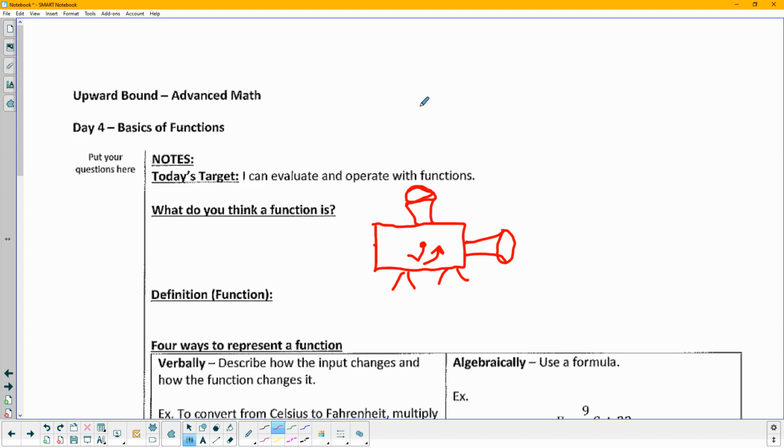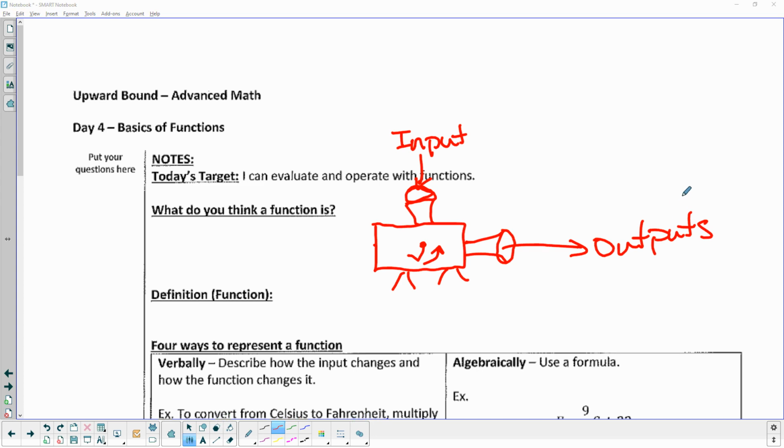But I think of having some sort of numbers or items that I'm putting into the function, turning the crank, and then I get my outputs. Okay, and that's one visualization, one idea of what a function is.